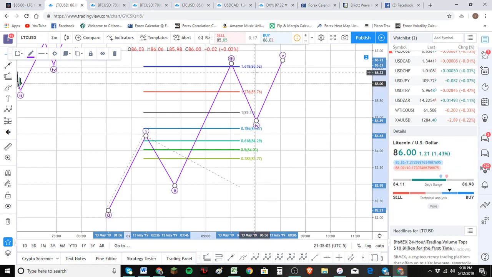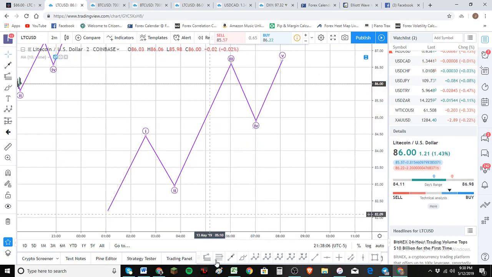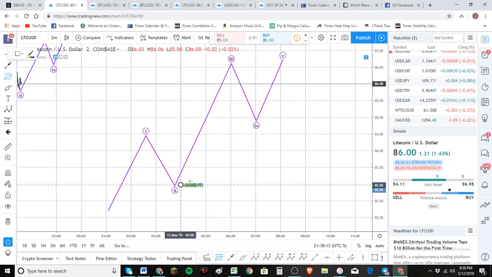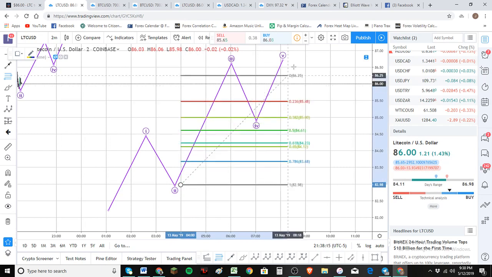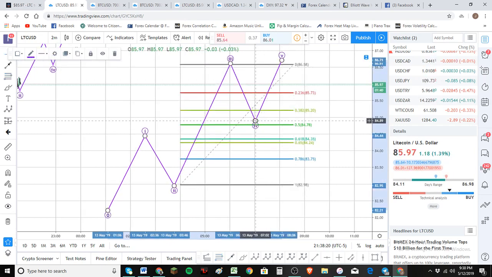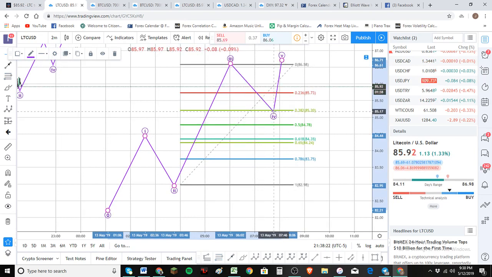Now, how do we get the 4 wave? Well, we take our trend-based retracement tool. We start at the bottom of the 2 wave, and we measure the 3 wave only. The 4 wave generally comes down to either the 382 or the 50% level.